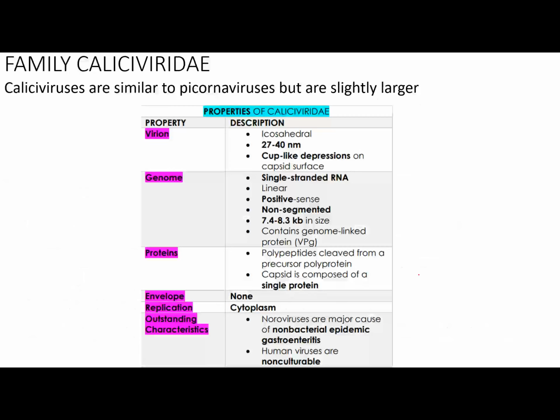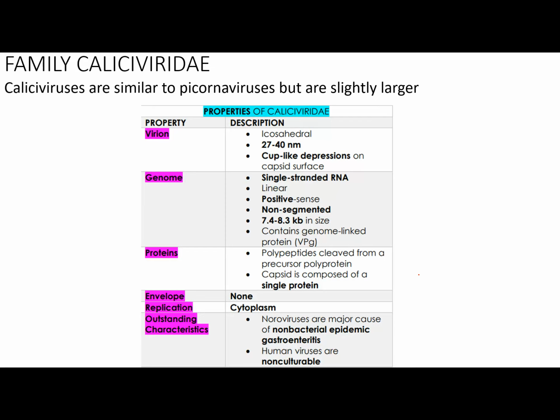Single-stranded RNA, linear, positive sense, non-segmented, 7.4 to 8.3 kilobases in size, and would contain a genome-linked protein, or the VPg. Now, the proteins are polypeptides cleaved from a precursor polyprotein. Capsid is composed of a single protein. It is non-enveloped and replication would occur in the cytoplasm.